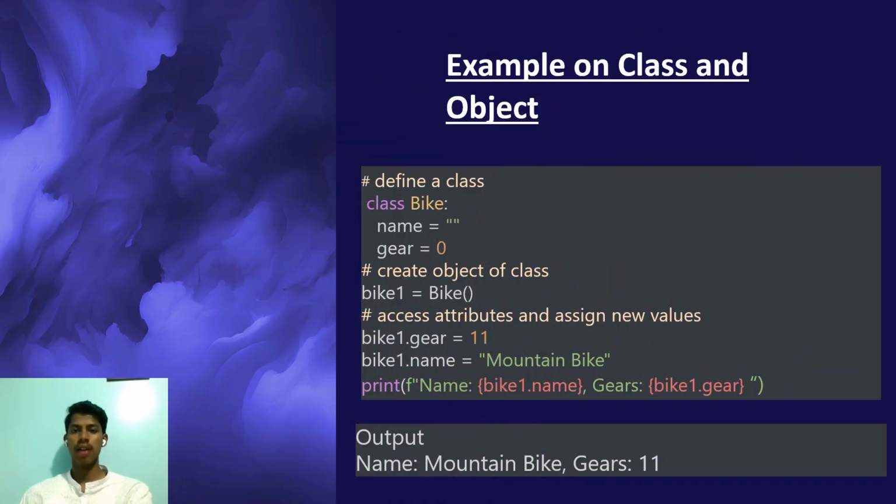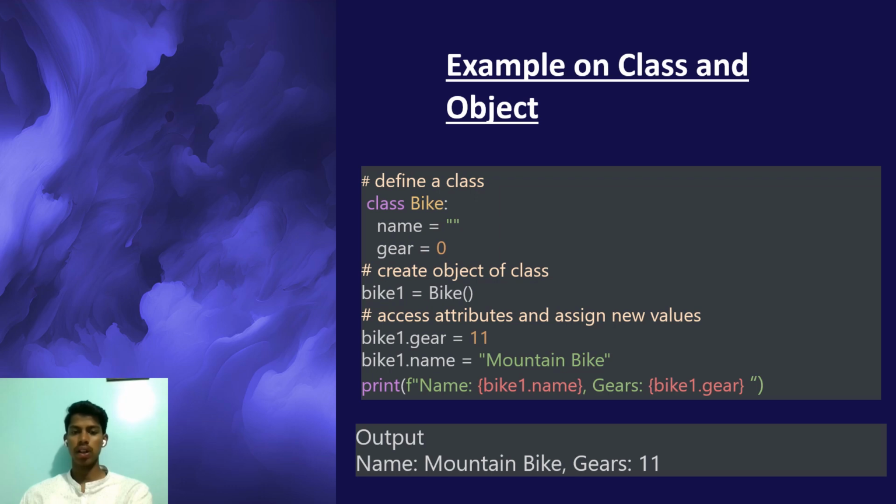Example on class and object. So we shall see both in one. Over here, defining the class is the first step: class Bike, name equals to empty quotes, gear equals to 0. Create an object of the class: bike1 equals to Bike(). Access attributes and assign new values.